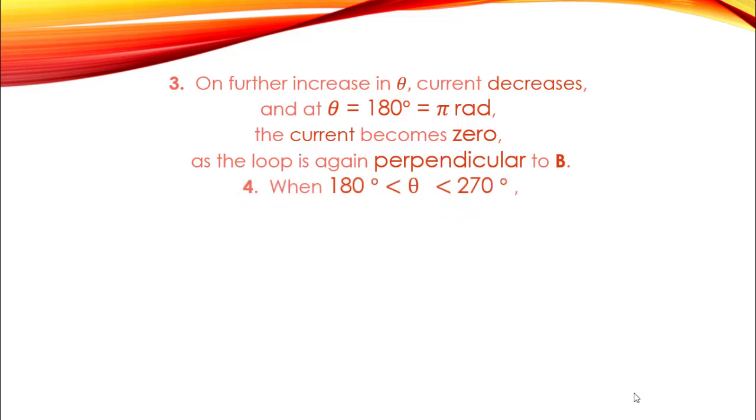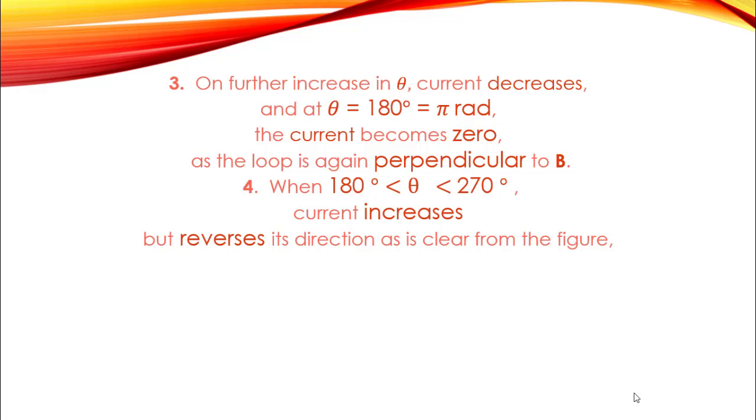When angle theta is greater than 180 degrees but less than 270 degrees, the current increases but reverses its direction, as is clear from the figure. The current enters its negative half cycle and now it is directed along DCBAD.